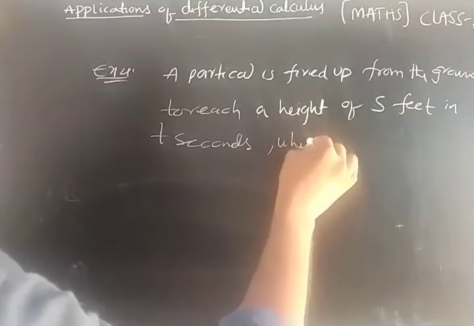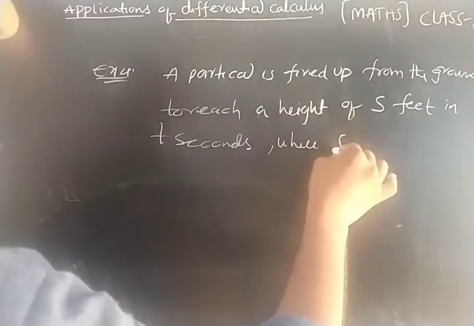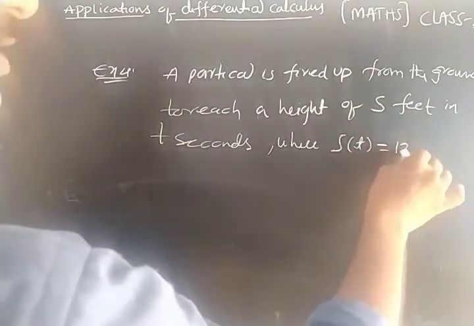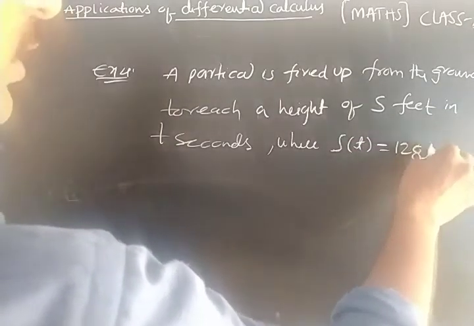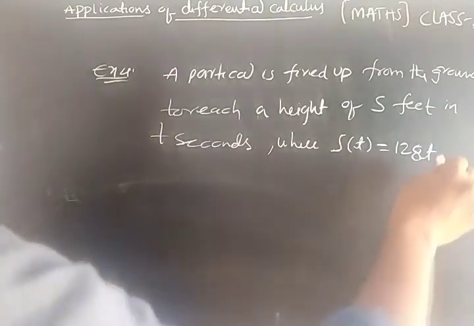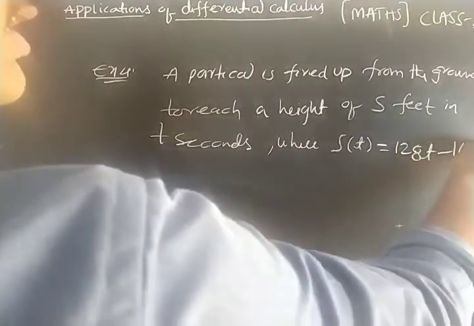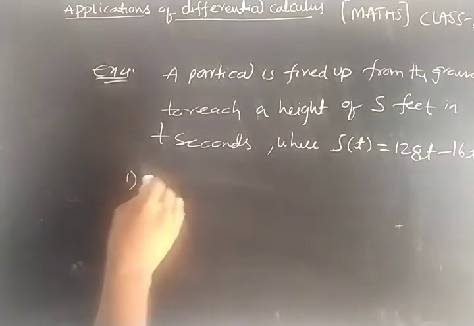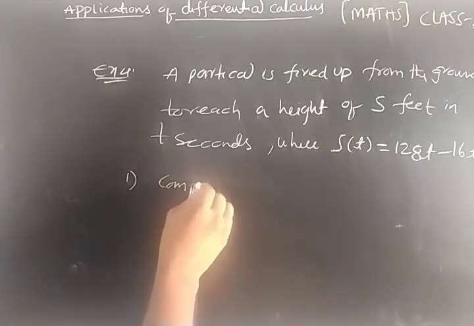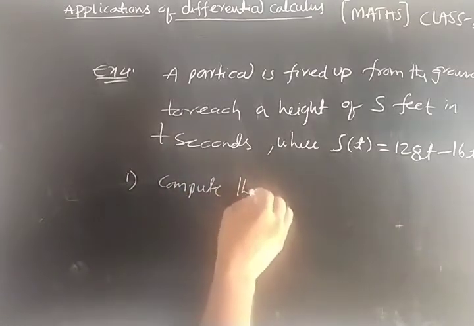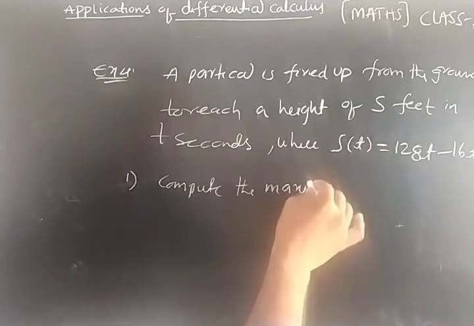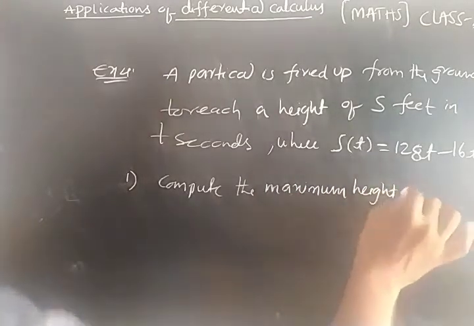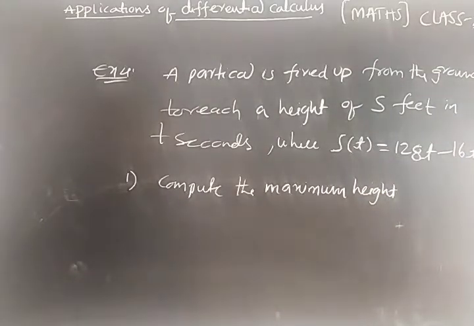The relation is given as s of t equal to 128 t minus 16 t squared. So we have the relation between the height and time. We have to compute the maximum height of the particle reached.